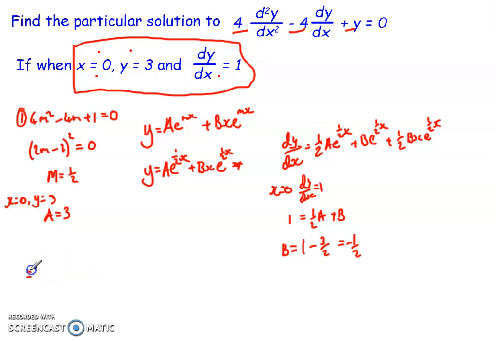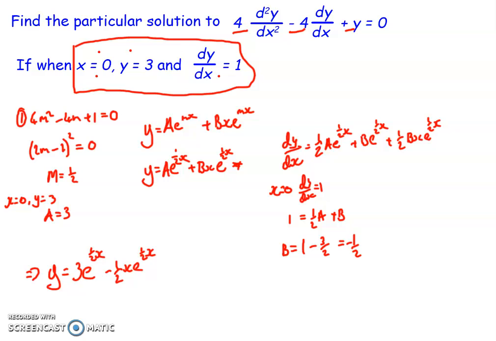What I can then say is, therefore, y equals a e to the half x, so 3 e to the half x, plus bx e to the half x, so it's then minus a half x e to the half x. So I've got my particular solution for those conditions that I was given for that equation.